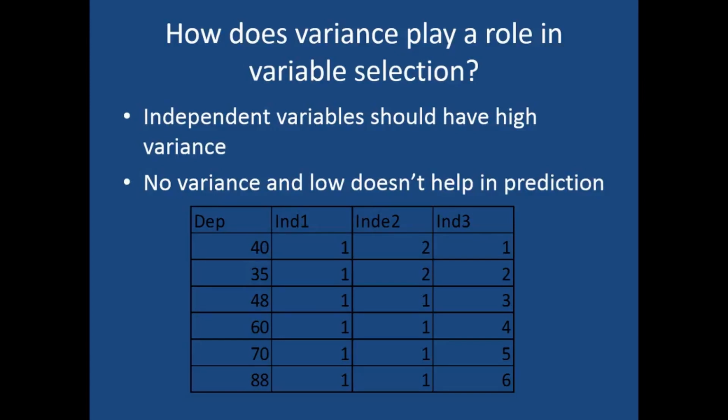Now go to independent variable 2. Now you see that there is some sort of variation, but the variability is much less, right? There are only two values, 2 and 1. You can see that for the last four observations, the independent variable takes the value of 1, but the dependent variable takes very different values: 48, 60, 70, 88. It's increasing, but independent variable 2 is actually constant.